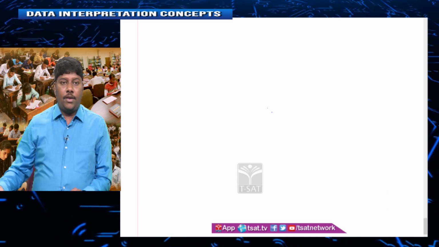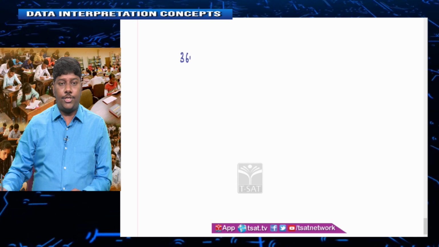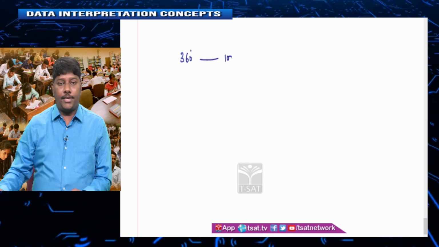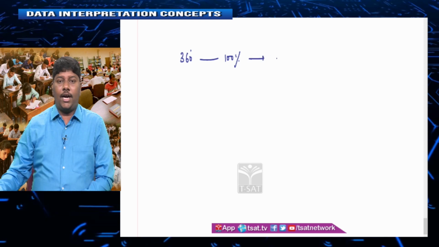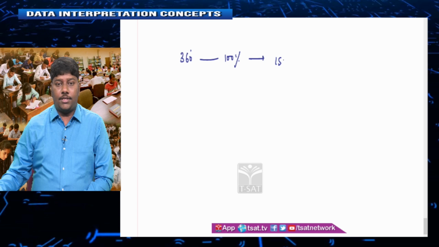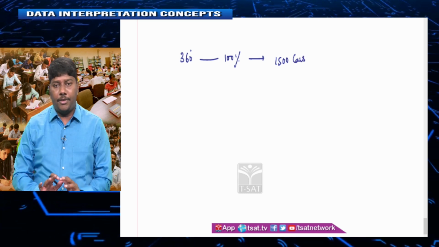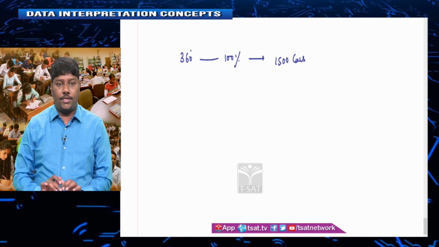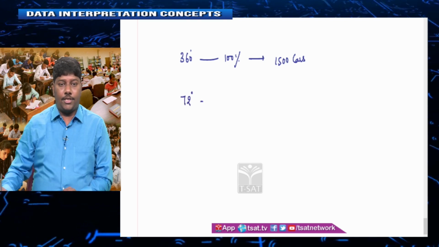And finally, how is proportion useful in this? They'll give you 360 degrees to 100% to some data. Let's say the cards produced is 1500 cards. Your total cards represented in that pie chart is 1500 cards. Now if I give you only 72 degrees, how much percentage is it?